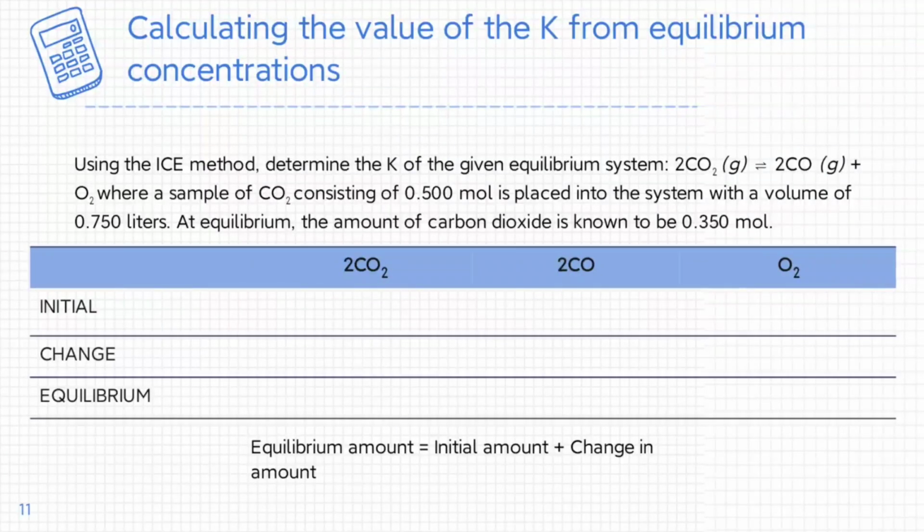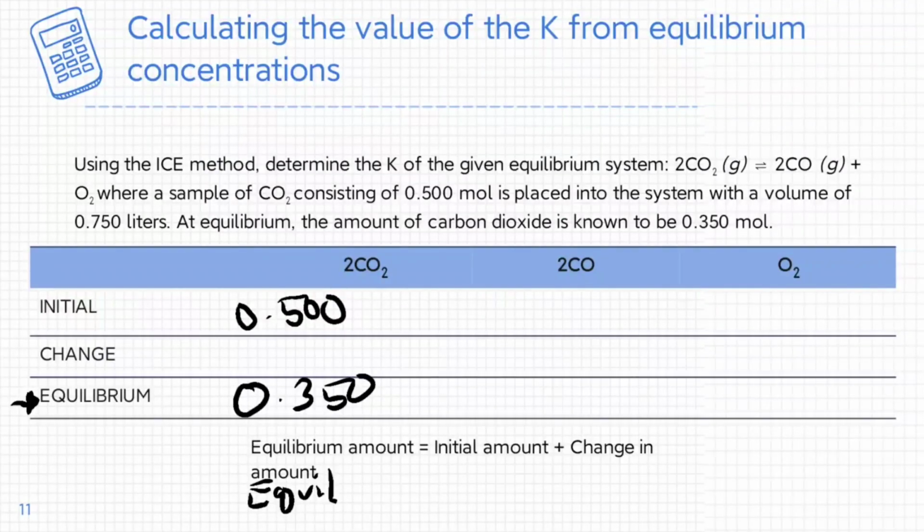So, equilibrium amount, the formula is initial amount plus change in amount. So, you have 0.500, wala ka dito sa change, and then you have 0.350 here. So, how do we compute for change if this is the formula for equilibrium amount? Basically, to compute the change, you will have equilibrium minus the initial amount.